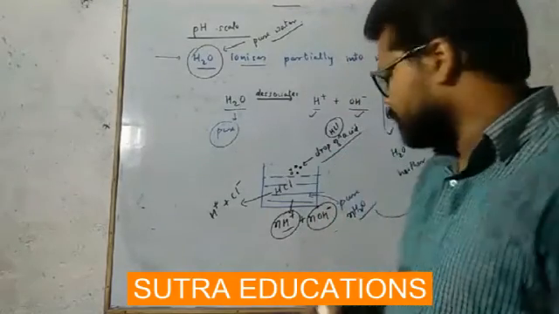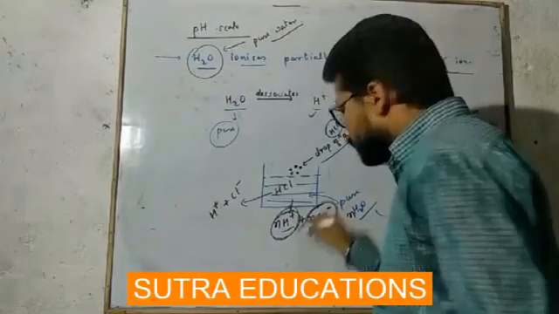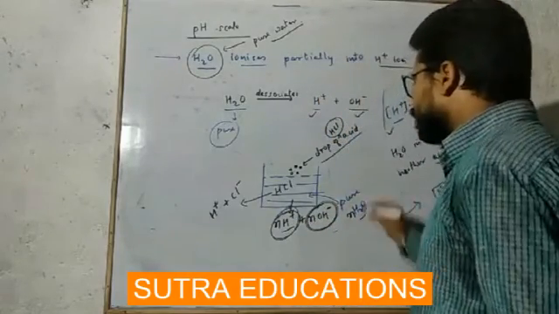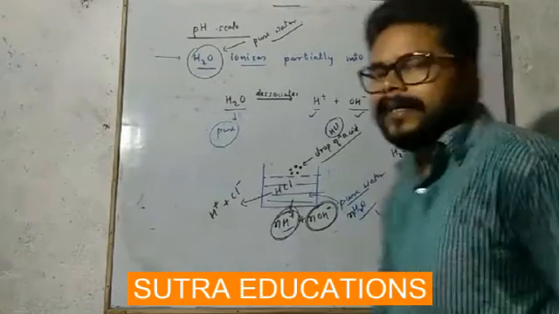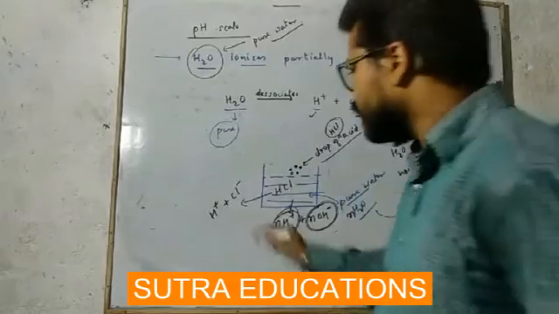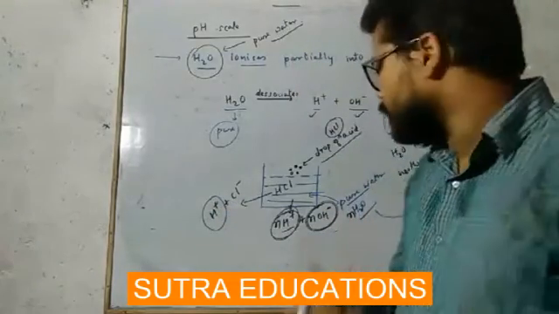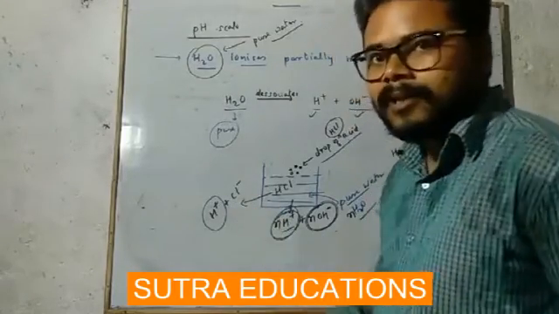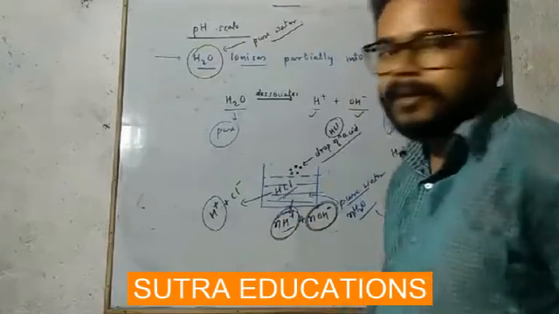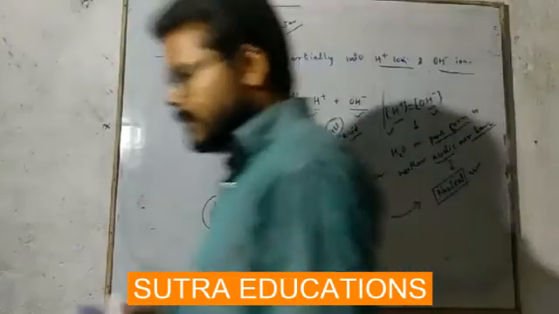Initially the concentration of H plus ion was equal to the concentration of OH minus ion in pure water. But after adding acid, the concentration of H plus ion is increasing, and some extra H plus ion is present in this water.